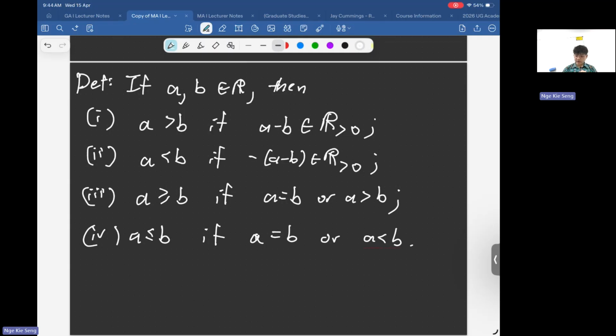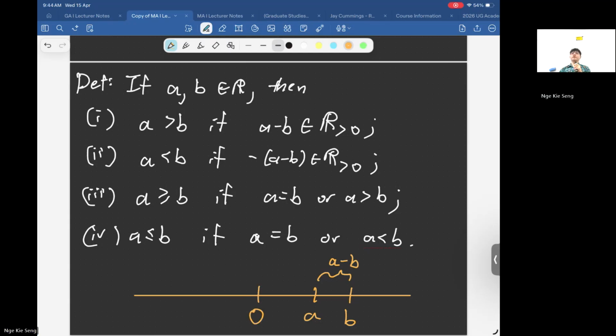So what I am doing here is, if you need to tell whether A is greater than B, you just compare their difference with 0.